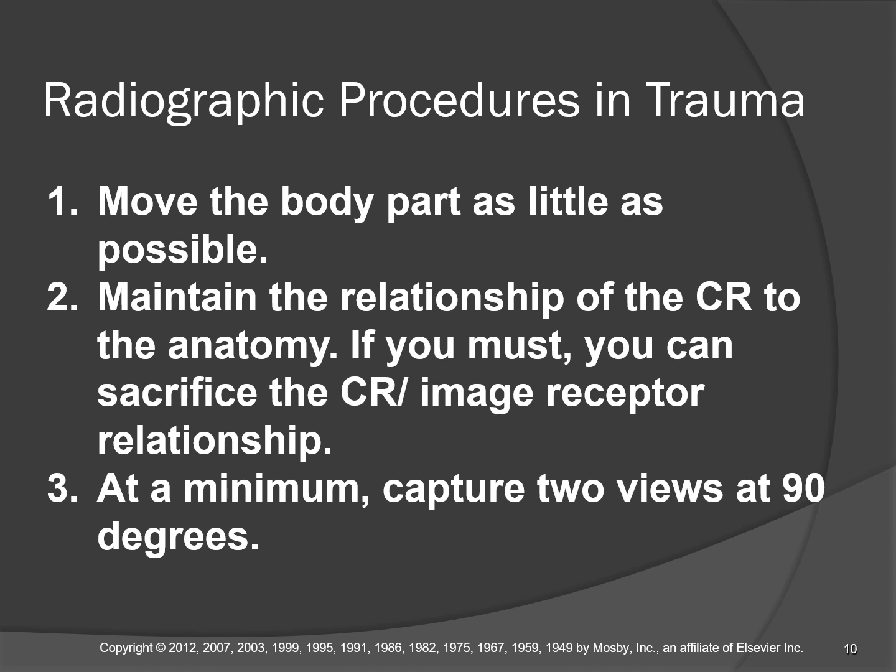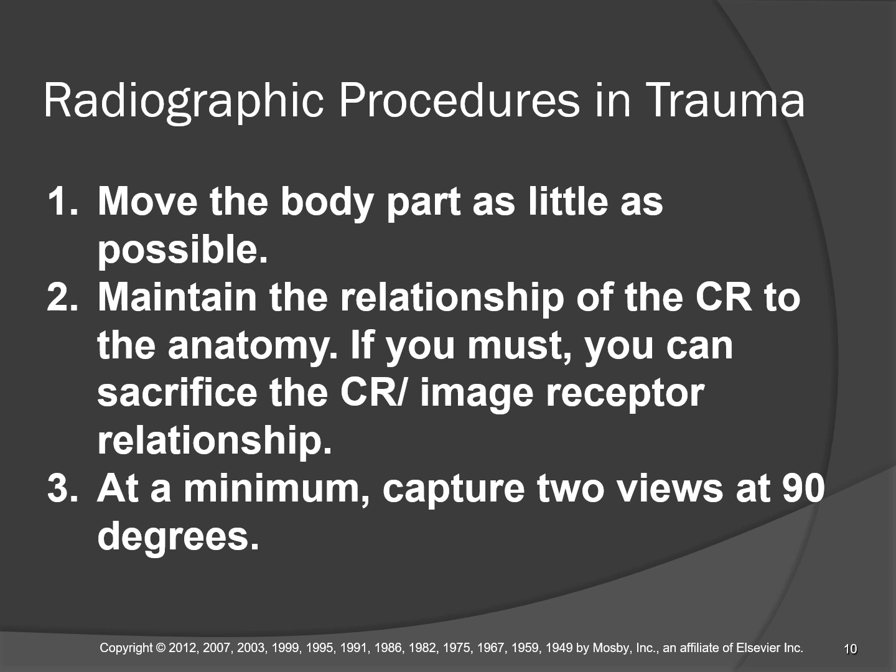You have no idea what a true lateral is. And so what you need to do is take the mangled part and lay it onto a cassette and then shoot with a vertical X-ray beam like it was an AP, and then shoot a cross table like it's a lateral.